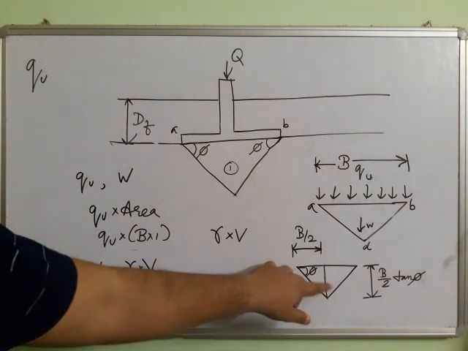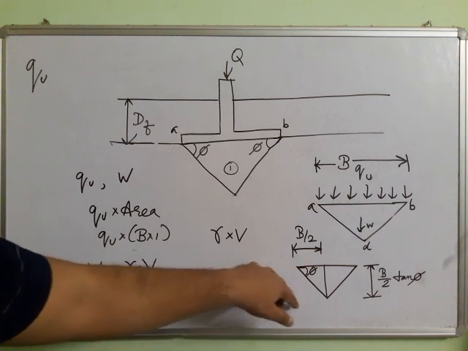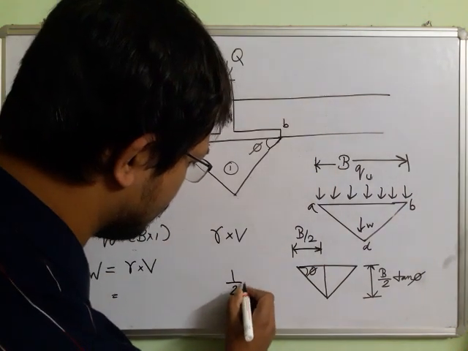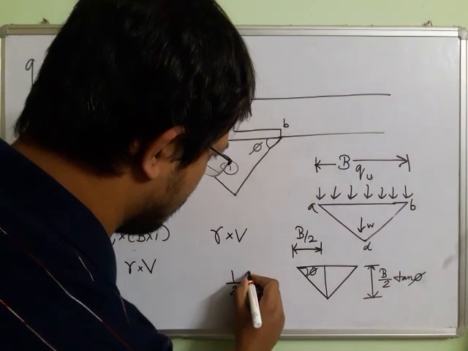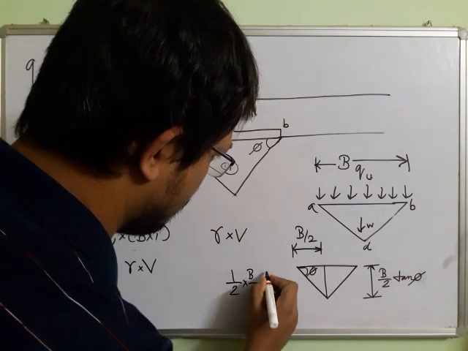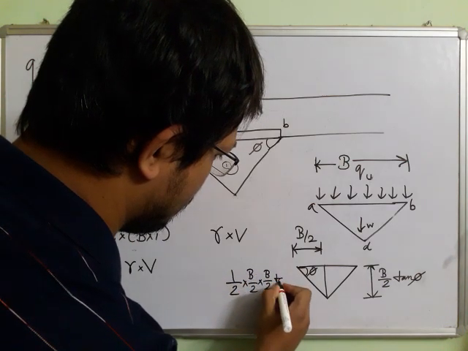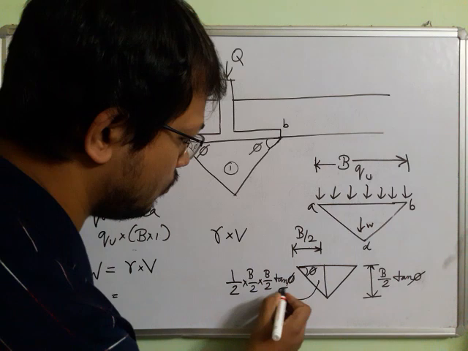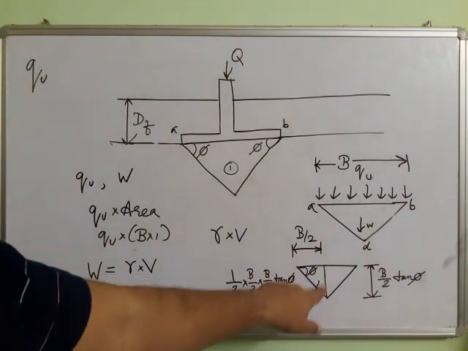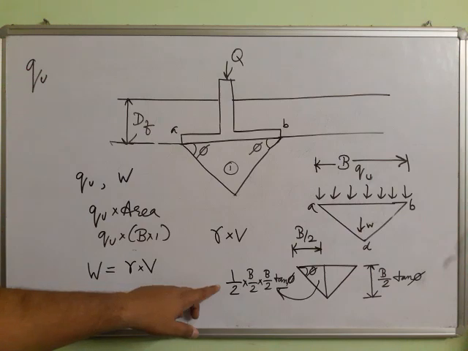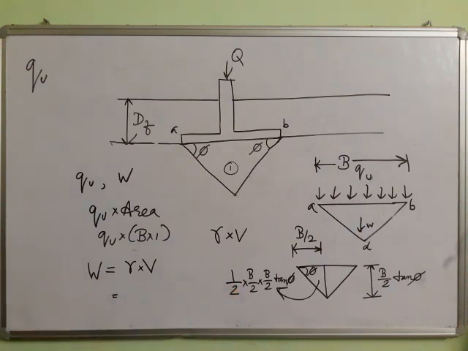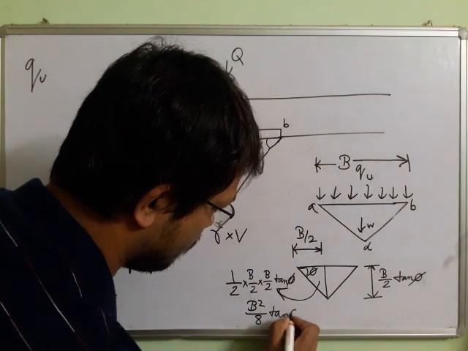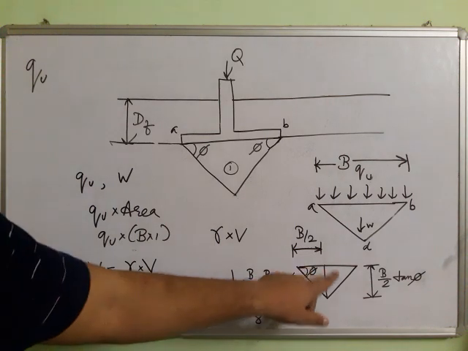If we want to find out the area of this part only, isn't it half into base into altitude? So it will be b square by 8 tan phi. That is the area of one part.